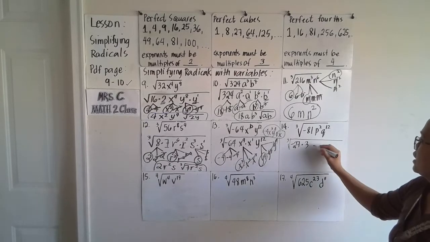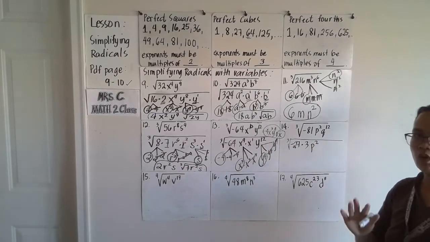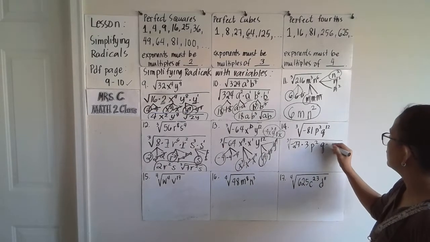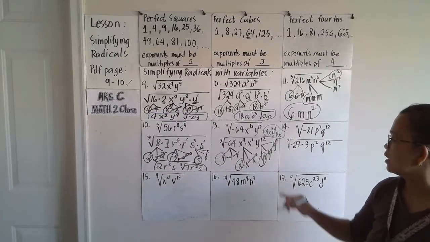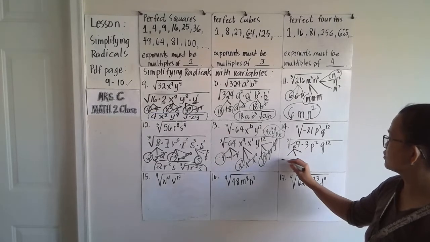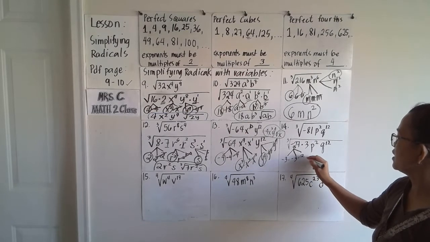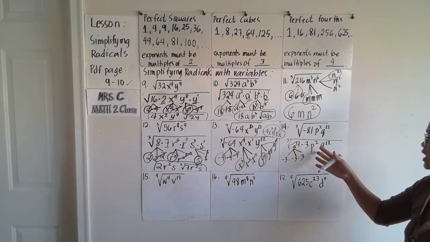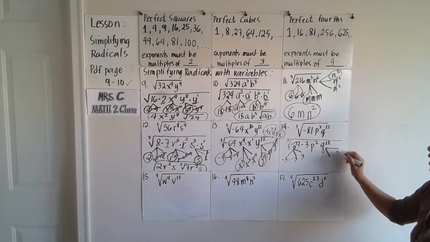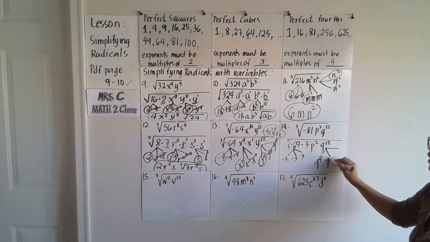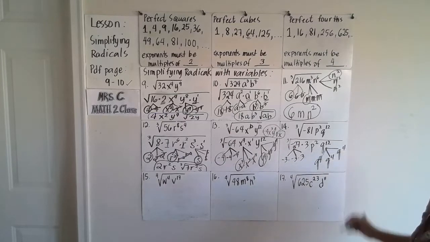And then t squared, we can't do anything about t squared, so let's leave it like that. And then q would be copy. All right, let's flip this. So negative 27, it will be factored by negative 3, and negative 3. Then p squared, we can't do anything about it, so leave it like that. q can be split: 12 divided by 3 is 4, so q to the 4th, q to the 4th, and q to the 4th.